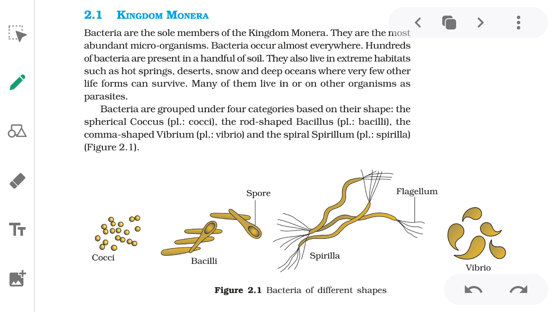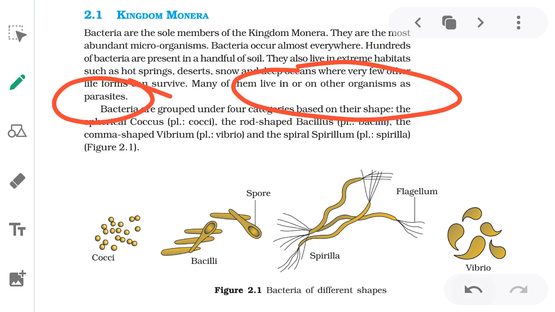So there are so many bacteria which can survive in hostile habitat conditions. The next line is, many of them live in or on other organisms as parasites. We can say it is a mode of nutrition. Many of them live in or on other organisms, that means parasitic bacteria.